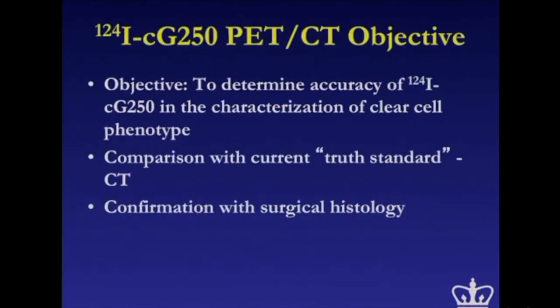So for the validation study, the FDA wanted us to look at something that is called a truth standard, which means what is the best thing that's already out there and that's used by everybody. And by interviewing a variety of urologists and radiologists who knew a lot about kidney masses, we determined that that would be the CT. And so we carried out a comparability study comparing our PET CT with CT in patients with renal masses who were about to undergo surgery.